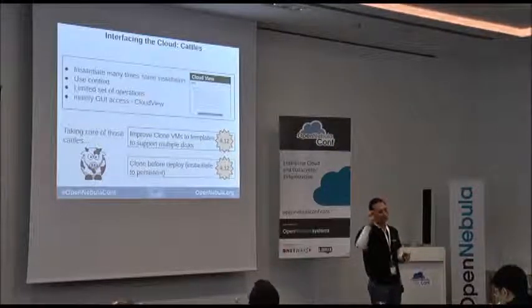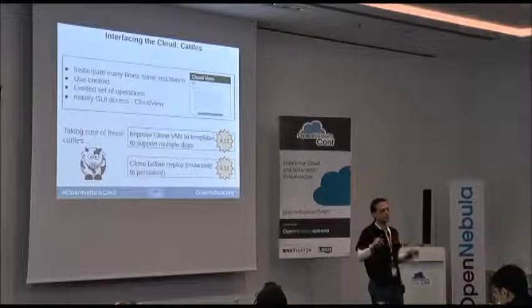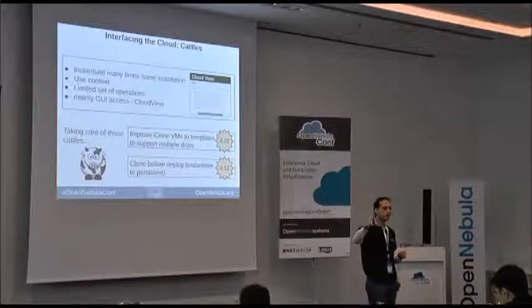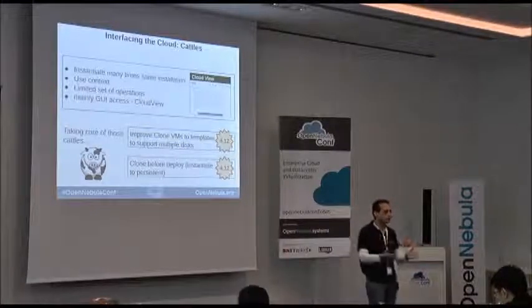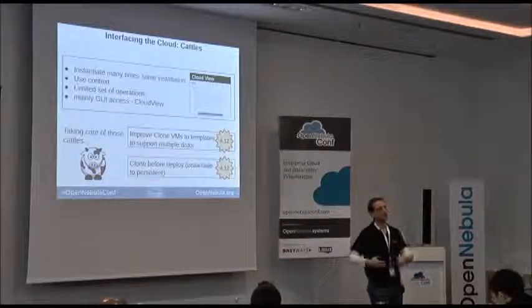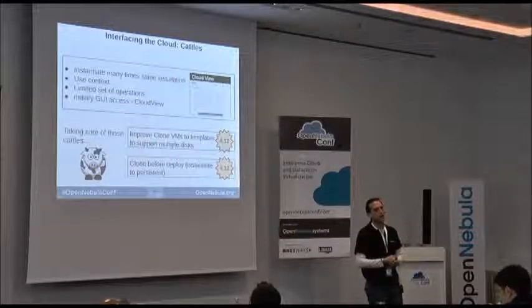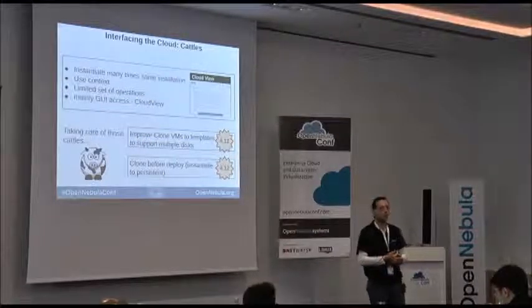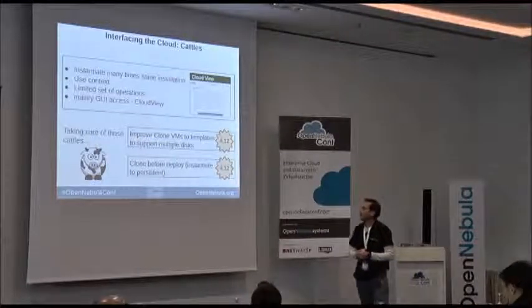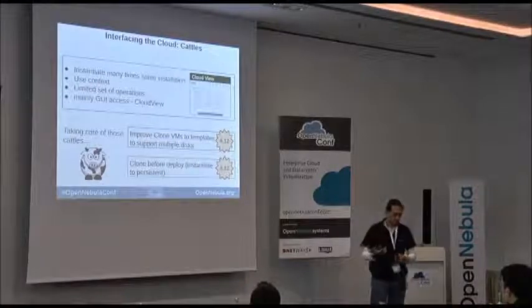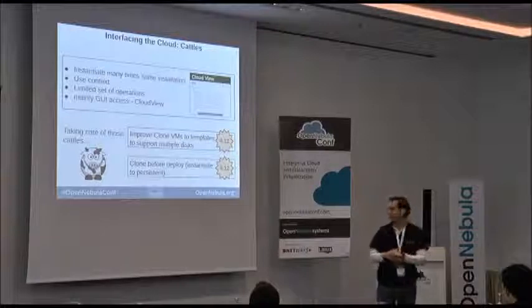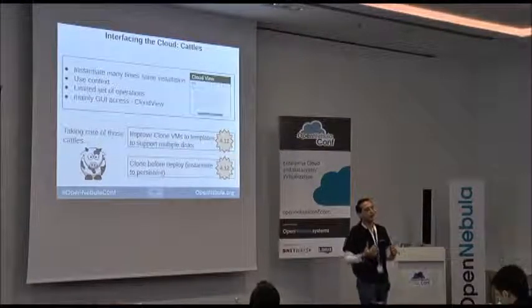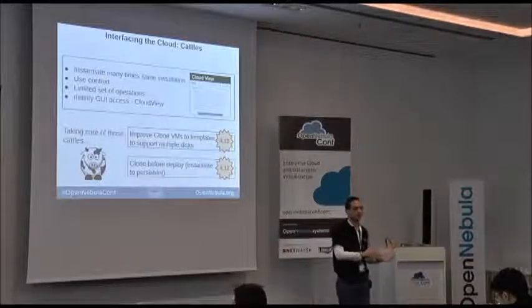So we want to simplify the process. If you have a VM with several disks, just clone the VM as a template, and you have a new template with a new set of disks that can be instantiated by the user. We also received a couple of requests to do that before deploying the VM.